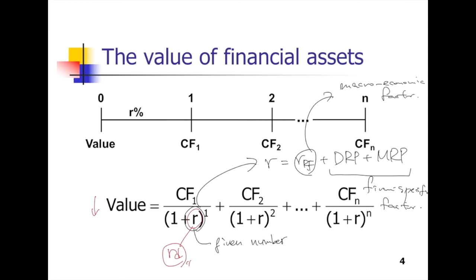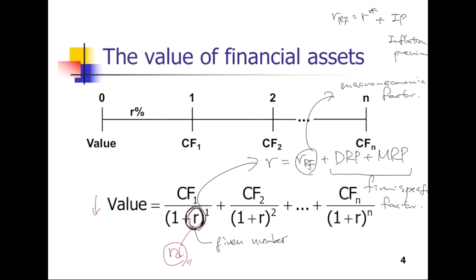Because RRF can be calculated by the real risk-free rate, which means if there is no inflation, hypothetically, we can call this the real risk-free rate, and IP, the inflation premium. Right? And we call this R the required rate of return on debt, and it is also used as a discount rate when we calculate the value of a bond, right?